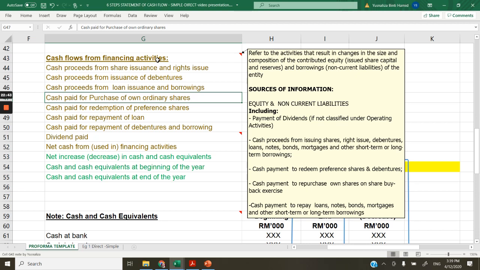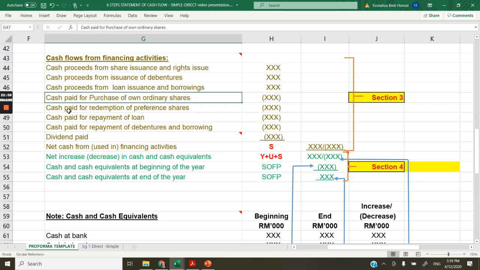Equity means share capital and reserve. We need to focus on that to trace what are those transactions that relate to bringing in cash or bringing out cash. Cash payments for redemption of preference shares, cash payment for repayment of loan.